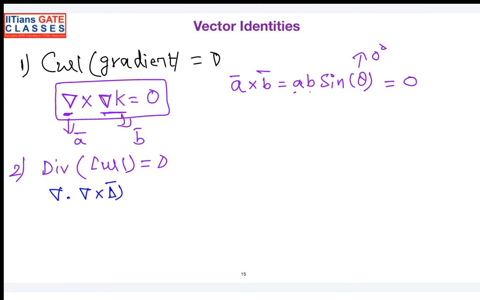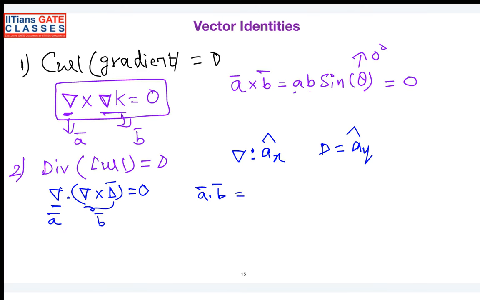So you know that a bar dot b bar is equal to ab cos theta. What is the angle theta between a bar and b bar? Since del lies in the direction of x and d lies in the direction of y, if you take the cross product, the angle between del and d will be 90 degrees, right?